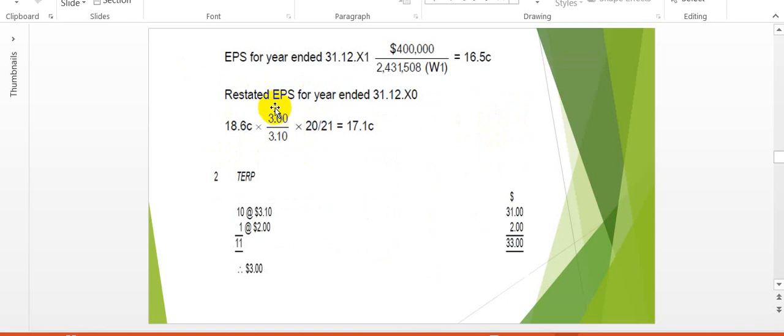So to restate, you flip the bonus fraction, then you also apply the bonus fraction for the bonus issue. So you can now restate the previous year's EPS to give you 17.1. So we move to another segment of EPS in the next video.